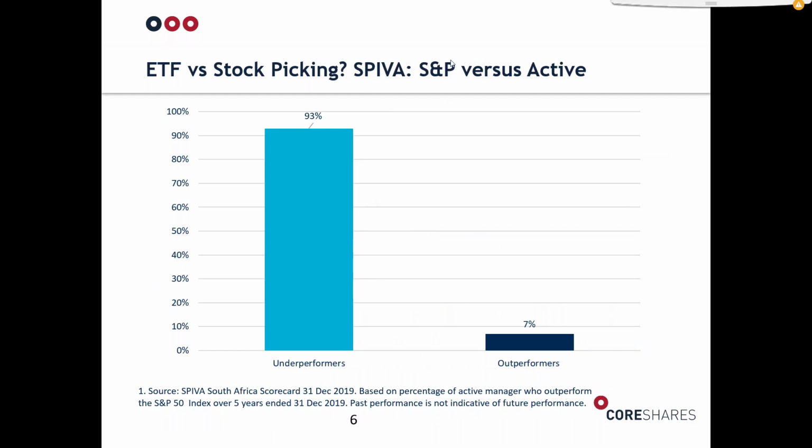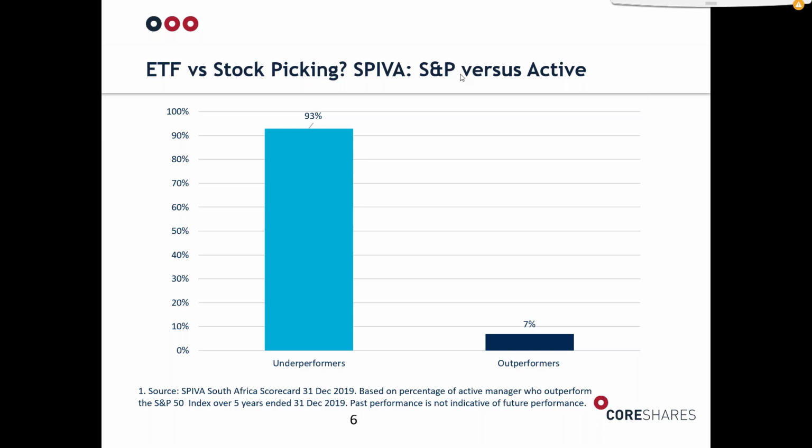SPIVA is a report that's run worldwide by S&P. They do one with the S&P 500, but they do that relative to the US active managers. If you literally Google SPIVA, you'll get taken to an S&P website which shares how these different scenarios play out in different markets, in the US and the UK, et cetera, and South Africa obviously being one.